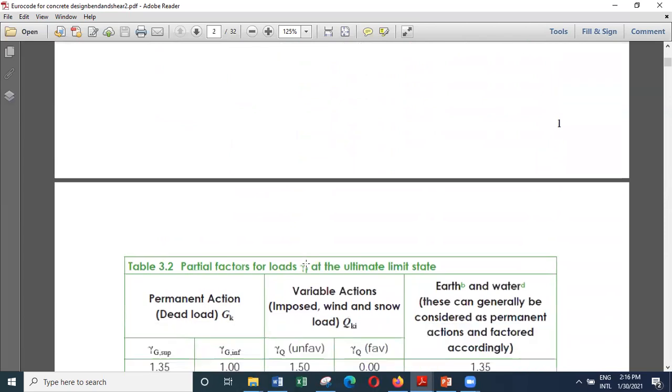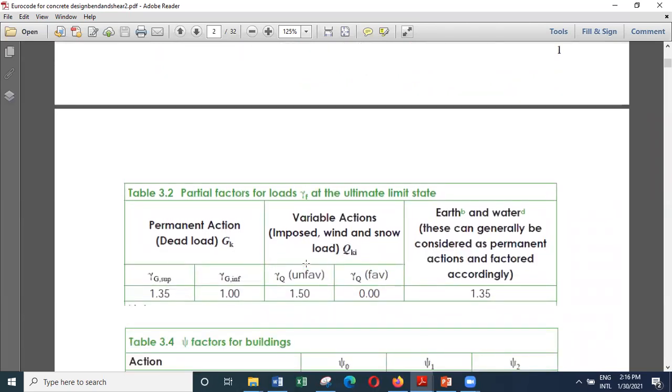So if you look at these factors, for permanent actions, we get dead loads or any permanent load. We have a partial factor of 1.35, and variable loads, we generally have a factor of 1.5.